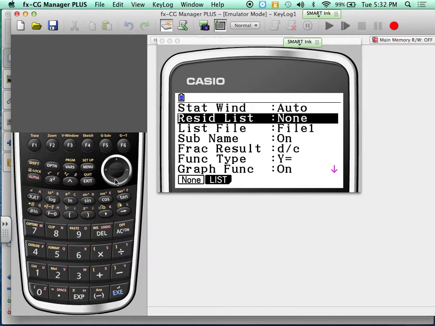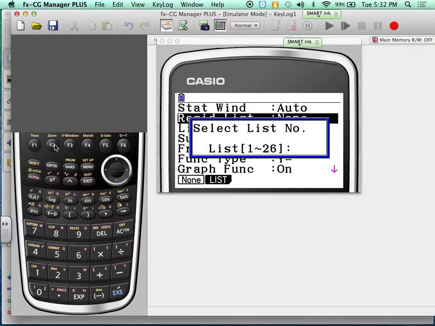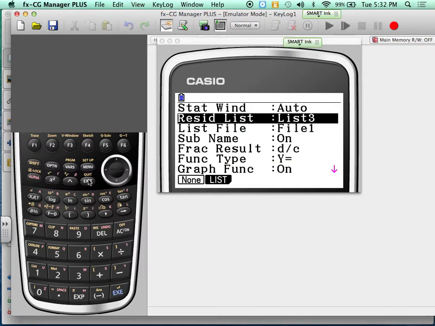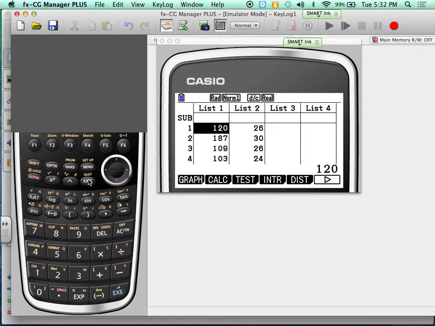Go down to Residual List. You want to hit F2, and you want to change that and put List 3, because when you exit out of here, notice that List 3 is empty. So you want your residuals to go in List 3. Your residual, again, is the distance from the observed value to the predicted value. The predicted value is where y is on the line of best fit.